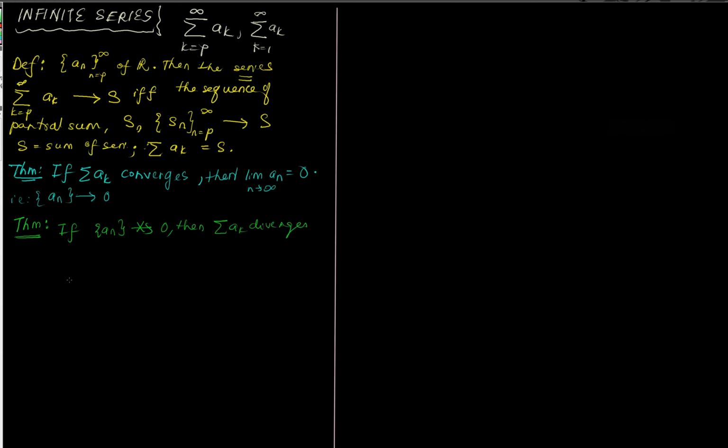Mathematically, I can write this as: if the limit of a sub n is not 0, then this implies that the series summation of a sub k diverges. That's another way of saying what this theorem means.